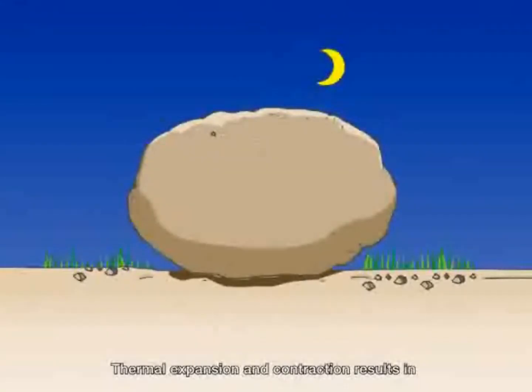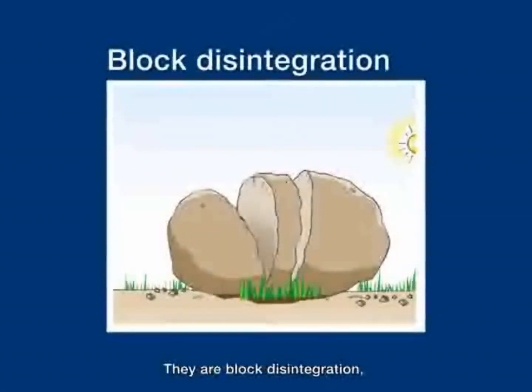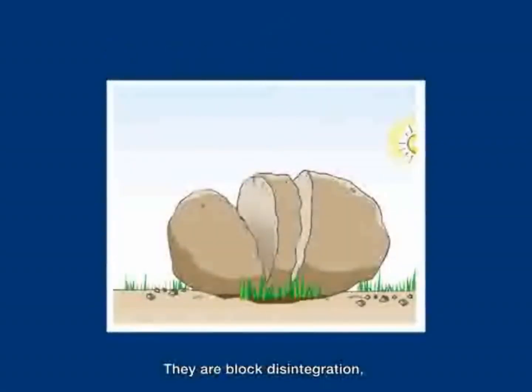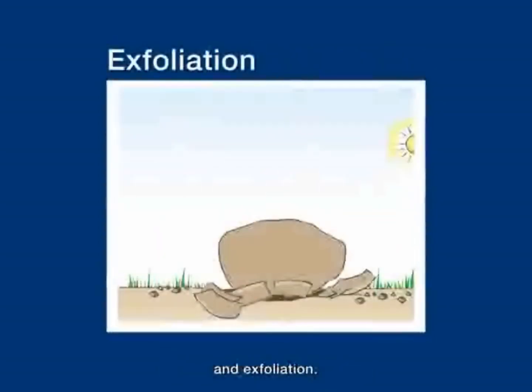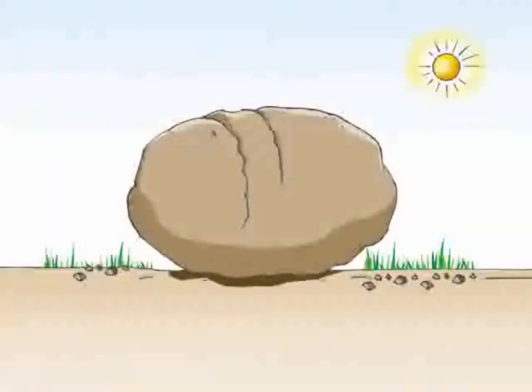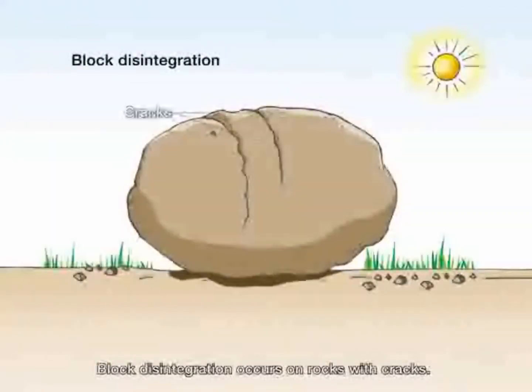Thermal expansion and contraction results in three forms of mechanical weathering. They are block disintegration, granular disintegration, and exfoliation.